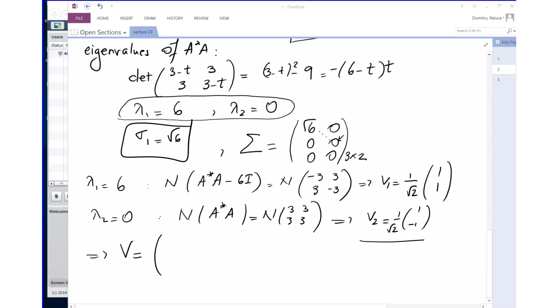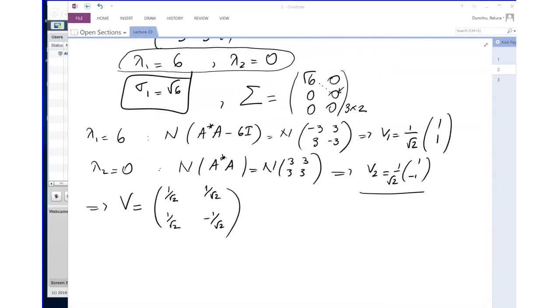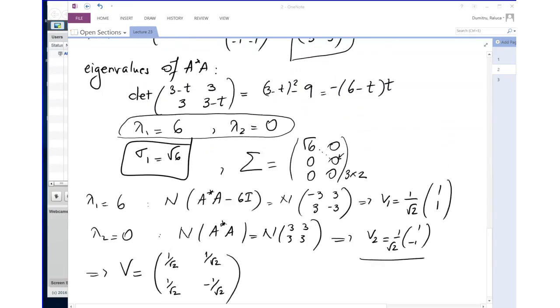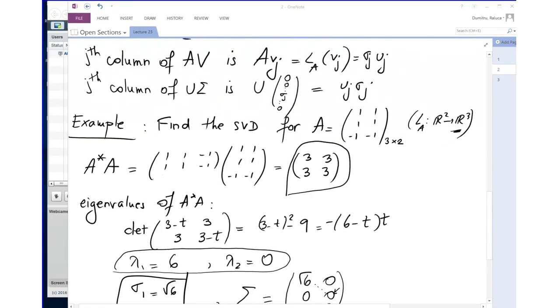They will form the V matrix. You just place them next to each other and you'll get a 2 by 2 matrix. The first vector is 1 over the square root of 2, 1 over the square root of 2. That's V1. The second vector is 1 over the square root of 2, negative 1 over the square root of 2. You put them next to each other, and that gives you the matrix V. Now, to get the matrix U, we need to find those U1, U2, and so on that will form an orthonormal basis for the second space, which is R3, so we need 3 of them, right?